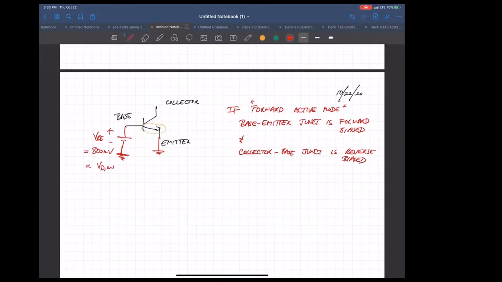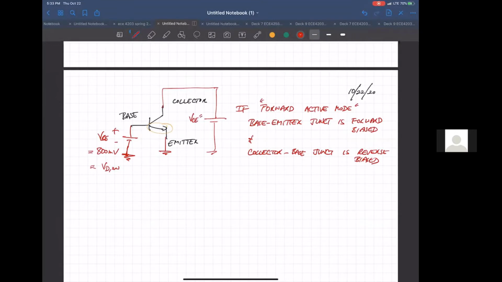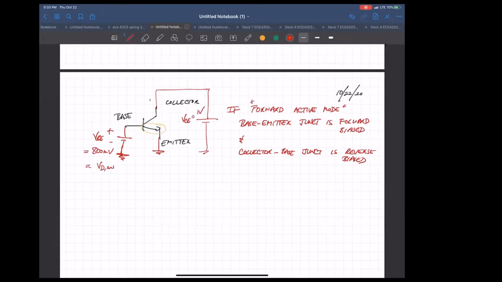And then if we put a voltage on the collector that's high enough, let's say one volt, then the difference here would be 200 millivolts, because this node is at 800 millivolts. So we got 200 millivolts reverse bias on the collector. Something like this with these values would put this in forward active mode.